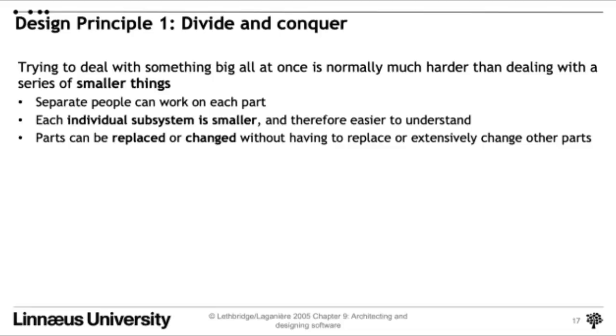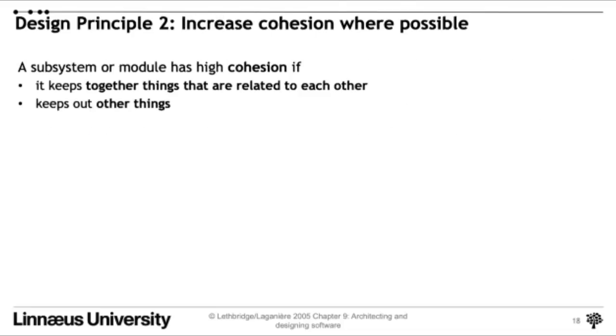So principle 2. A subsystem or a module that you just created by splitting the big problem into small problems must have high cohesion. High cohesion means keeping together the things that are related to each other.